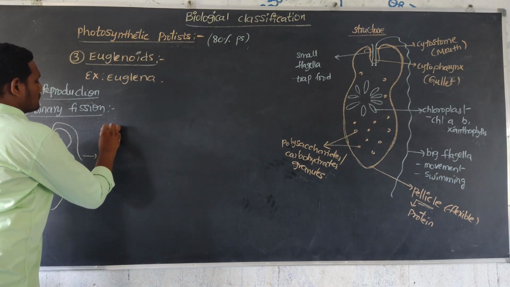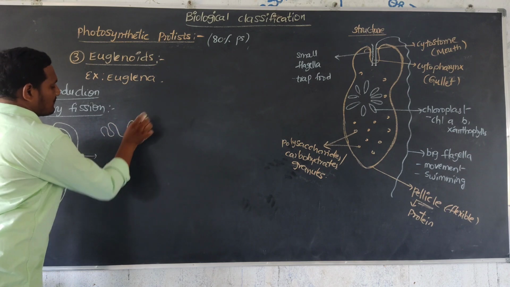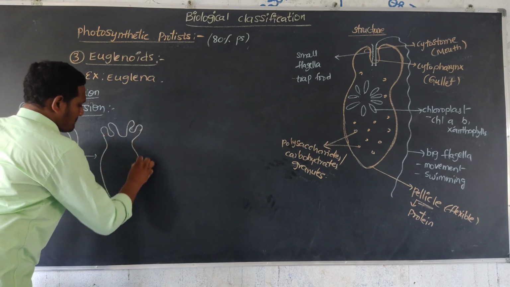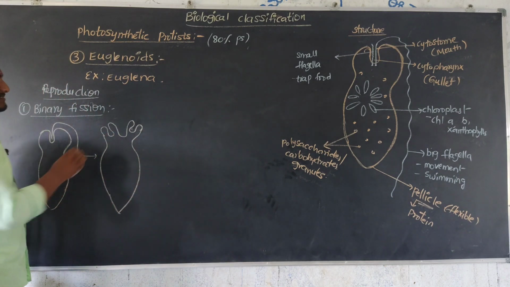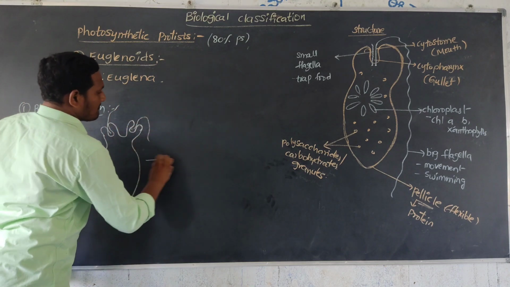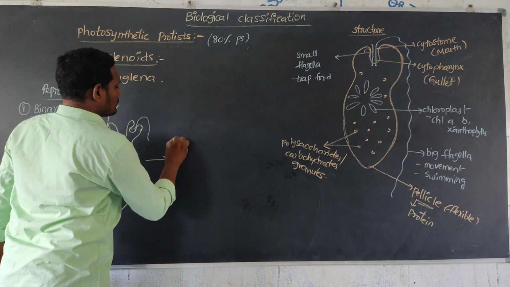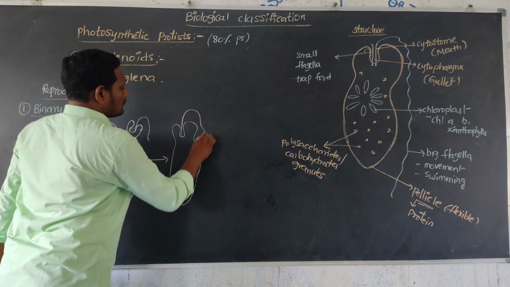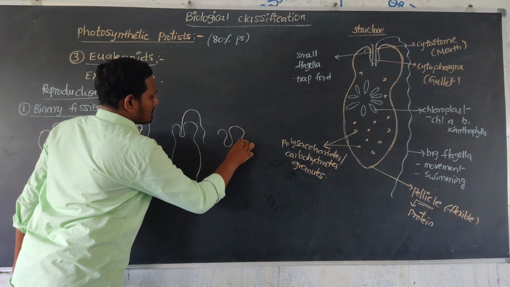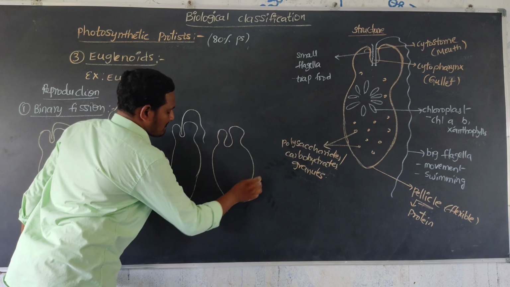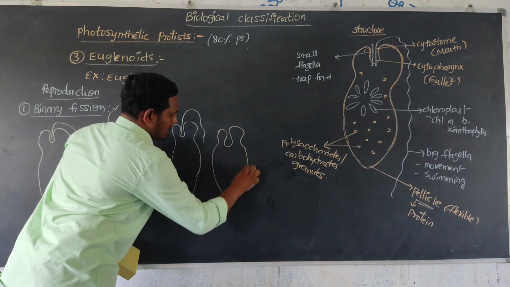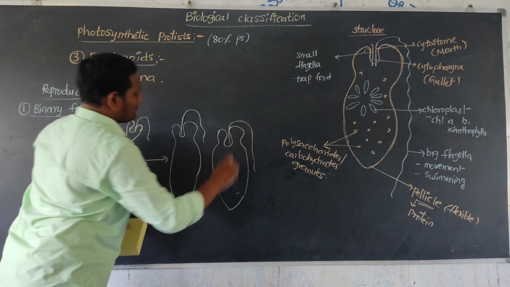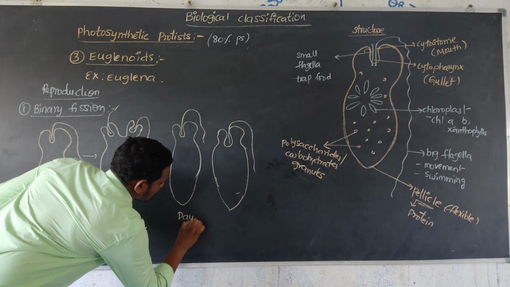This Euglena changes into two daughter Euglenas, and finally into individual daughter euglenoids. So these two are daughter euglenoids.